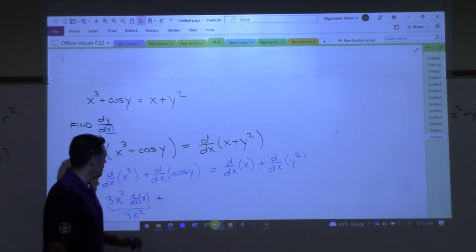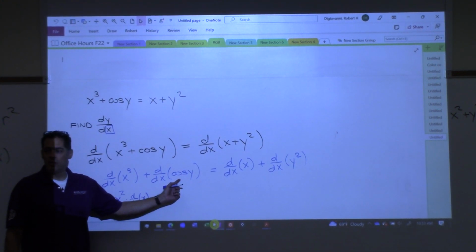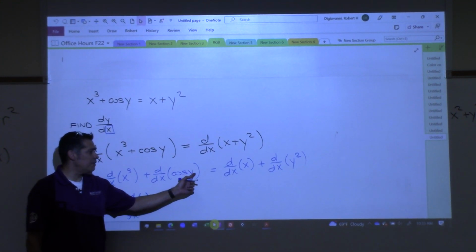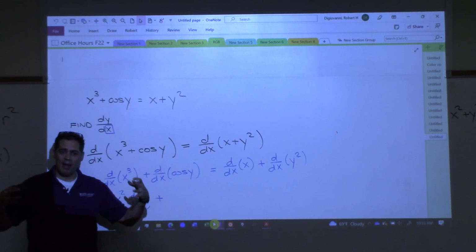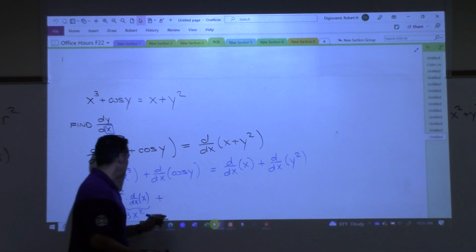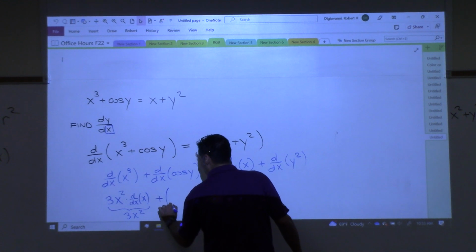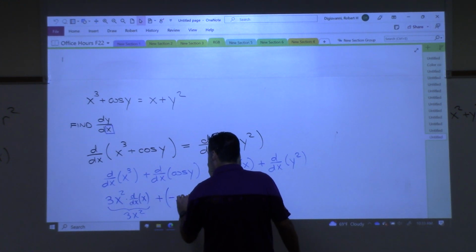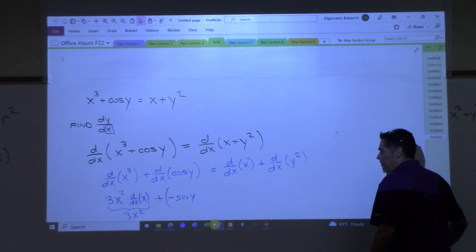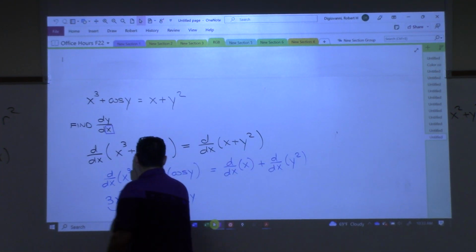Plus, okay, here, chain rule. We have an outer function, cosine, and an inner function, y. Start with the outside. What's the derivative of cosine of something? Negative sine. So I'm going to put in parentheses, negative sine of y, right? But what do I still have to take the derivative of? The y, right?